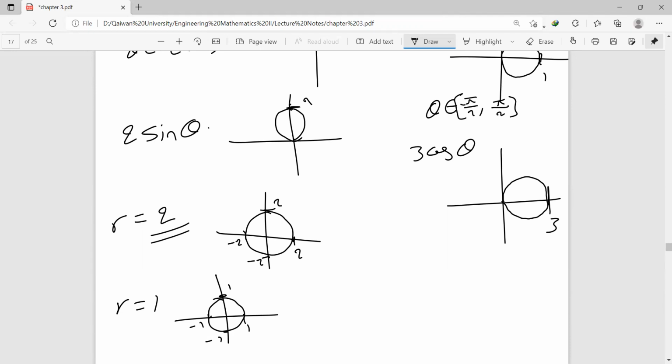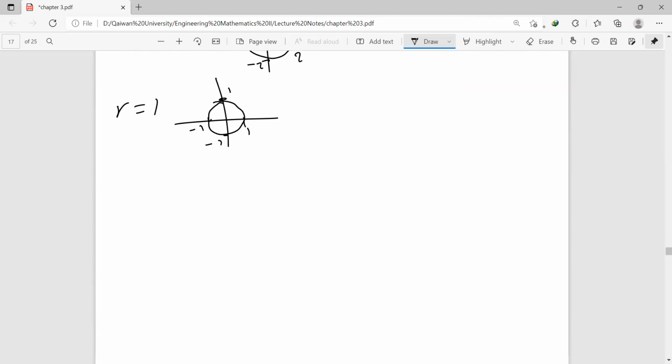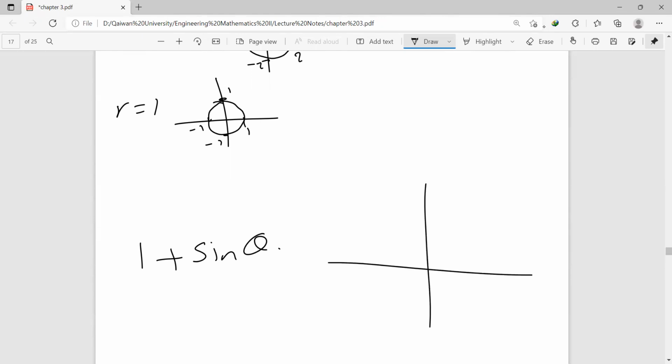So if you have, let's say, 1 plus or minus 2 cosine. How about 1 plus, let's say, sine theta? Look at this.